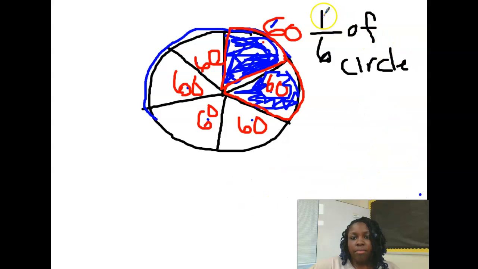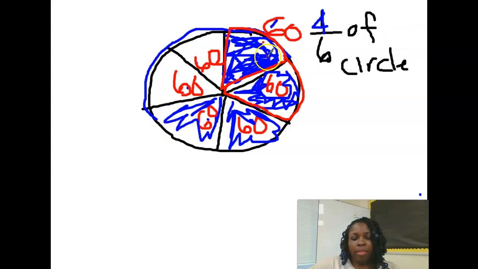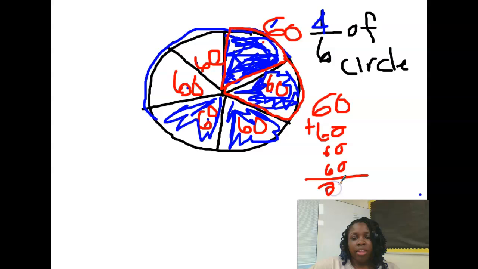If I shade this in, 4/6 are shaded. How many degrees would that be? Well, 60 times 4, or 60 plus 60 plus 60 plus 60. Either way, that is 240 degrees altogether, which is these 4.